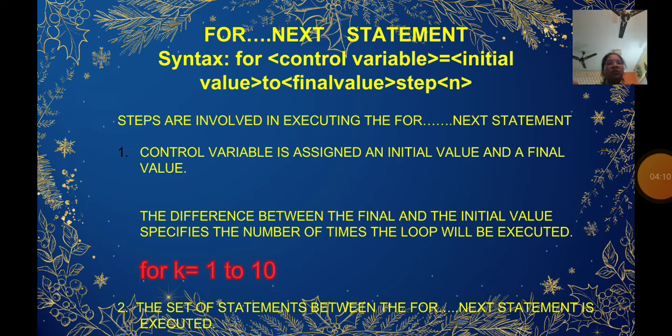The difference between the final and the initial value specifies the number of times the loop will be executed, and whatever set of statements is between the For and Next statement will be executed. The process of using multiple counters in a large program is very tedious.